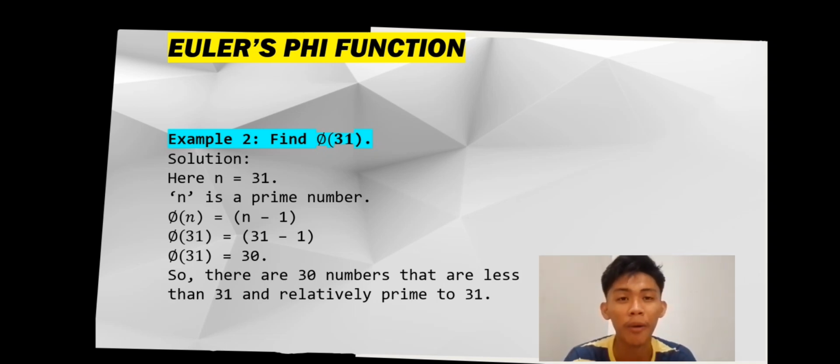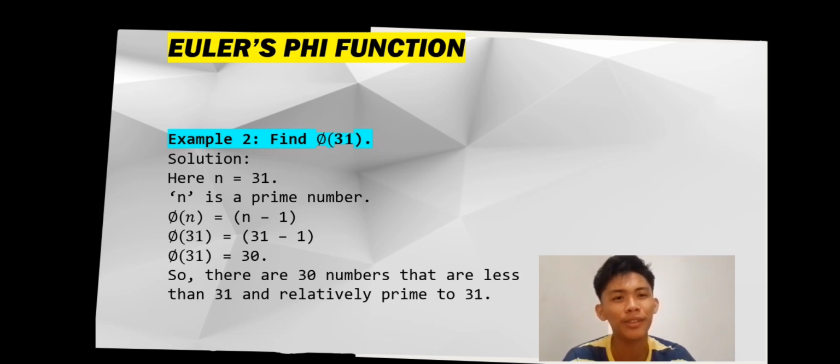So n minus 1, our n is 31, so now we have 31 minus 1. If we subtract 31 minus 1, the result will be 30. Therefore, for phi of 31, there are 30 numbers that are less than 31 and relatively prime to 31.